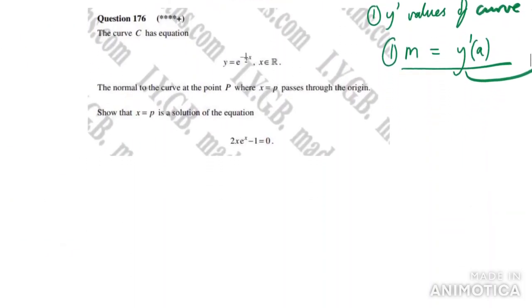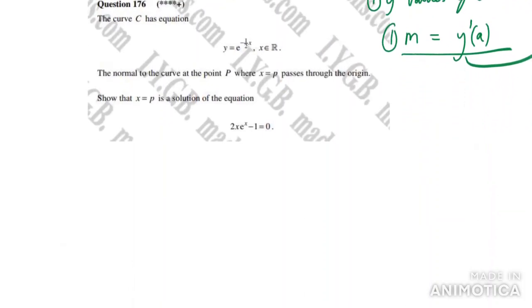Looking at a slightly harder one, we're told that y equals e to the minus half x, and the normal to the curve at point P, where x equals p, passes through the origin. Okay, so the normal to the curve passes through the origin. So we know actually, instead of y equals mx plus c, it's just y equals mx.